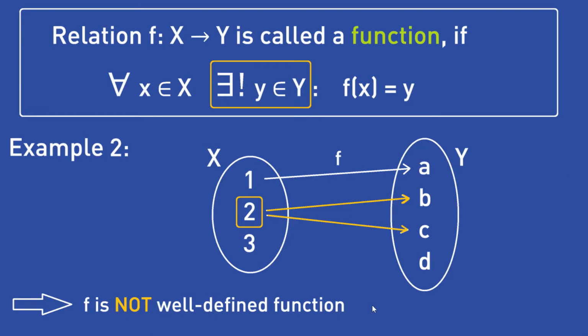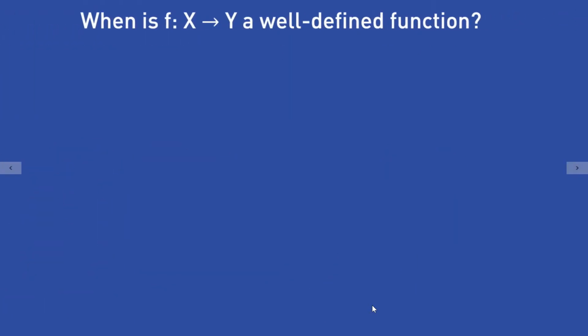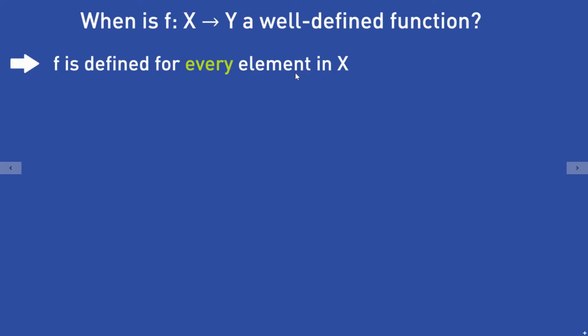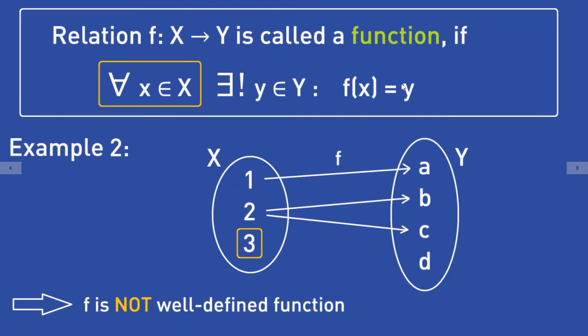Okay, let's take a little closer look at well-definedness now. What do you have to check to find out if a relation f between the sets X and Y is a well-defined function? First of all, f has to be defined for every element in the set X. So something like this here, that one element in X isn't associated to any element at all, can't happen when you have a function.